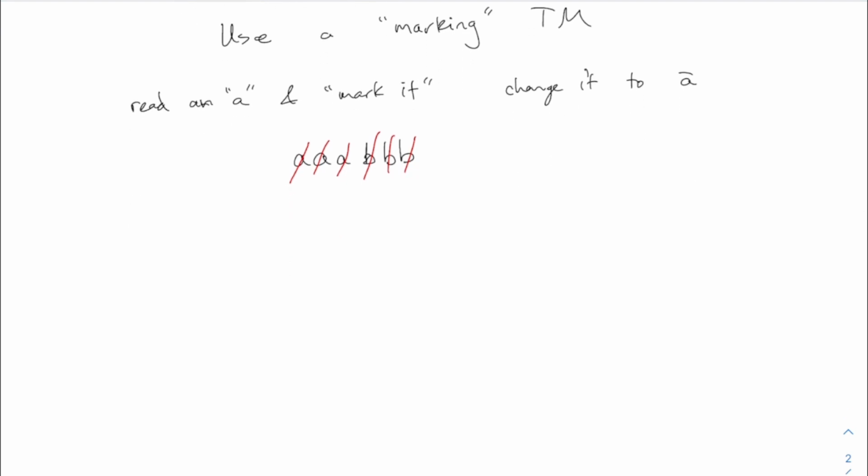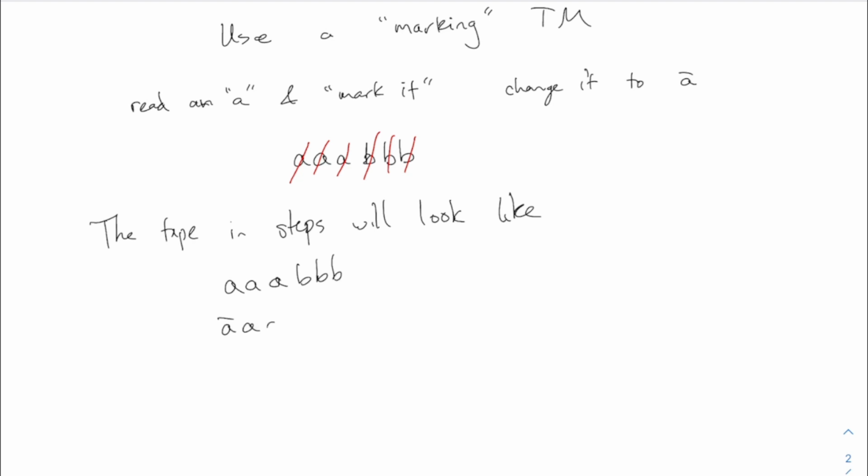The idea here is that the tape in steps will look something like this: it begins with A, B, B, B. What I do first is mark off the first A, and then the head moves to the right past a bunch of unmarked A's until you see an unmarked B, and then it marks that. So the next stage would look like this, right?